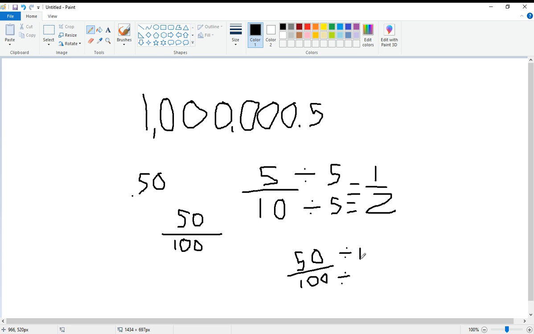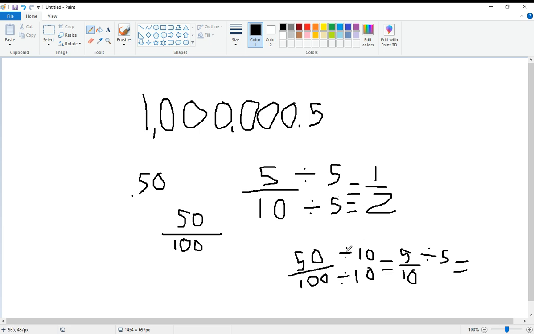So 50 divided by 10 equals 5. 100 divided by 10 equals 10. Now we have 5/10ths. Both of those are divisible by 5. 5 divided by 5 equals, we already did it up here.